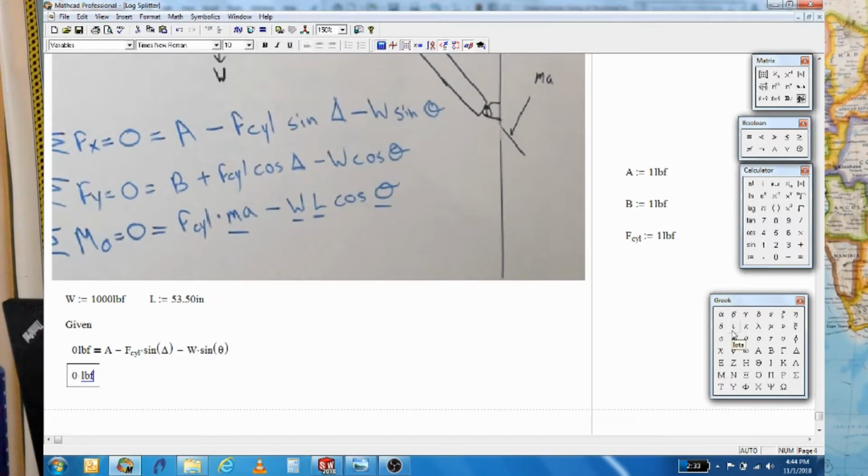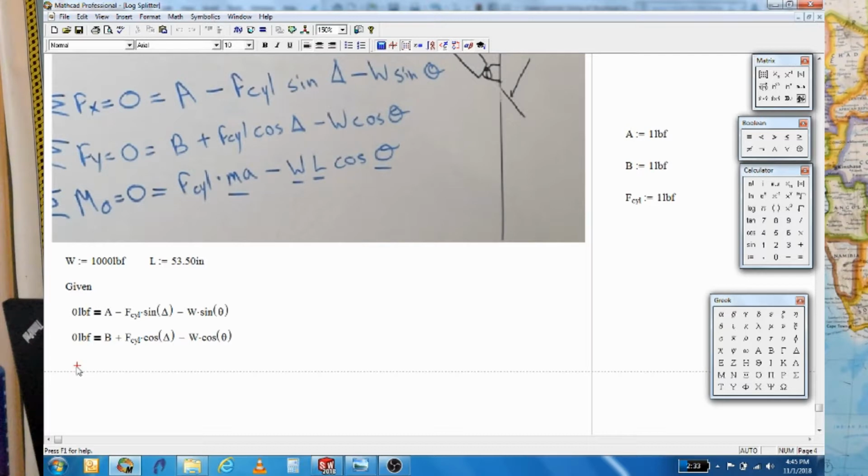Next equation. This will be equal to B plus the force of the cylinder times the cosine of delta minus the load times the cosine of theta.